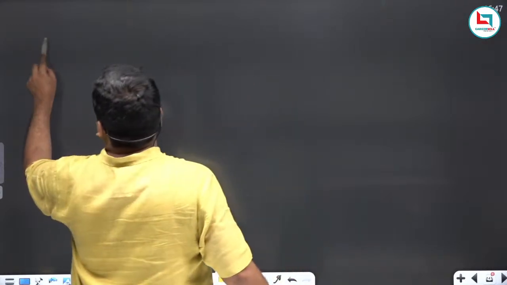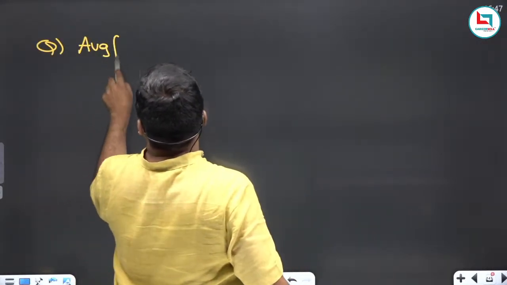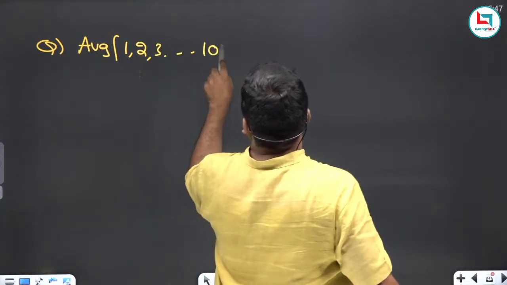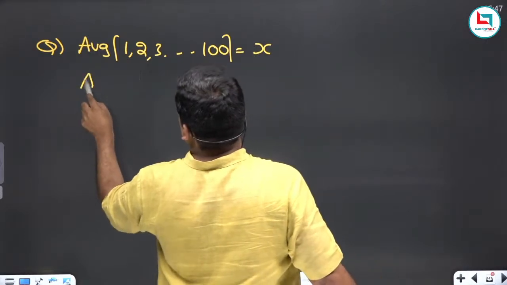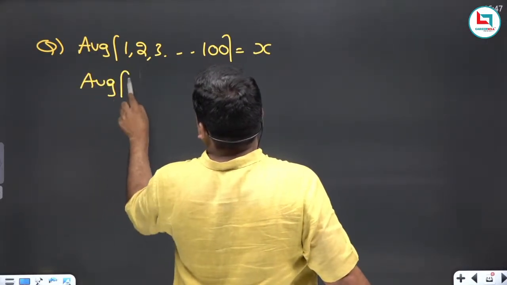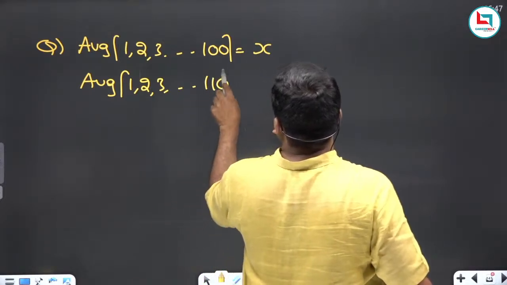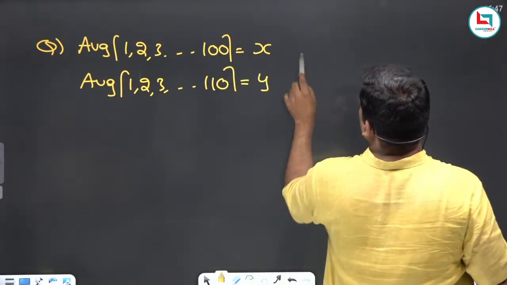Next question. The average of 1, 2, 3 till 100 is x. The average of 1, 2, 3 till 110 is y.